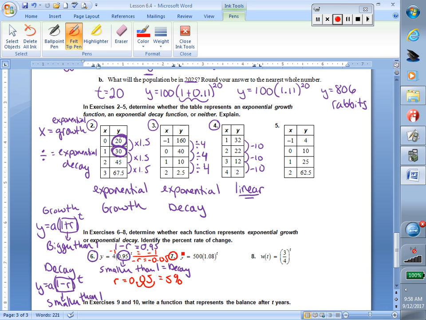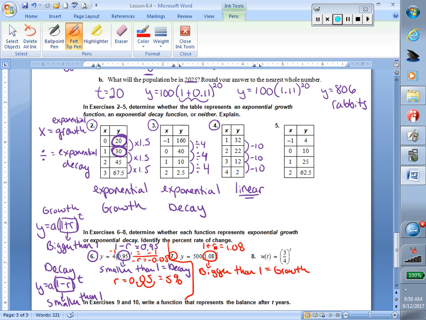Let's try number 7. We look inside the parentheses. Bigger than 1 equals growth. Now to figure out that rate of change, that percent, we did 1 plus r to get what's inside the parentheses.